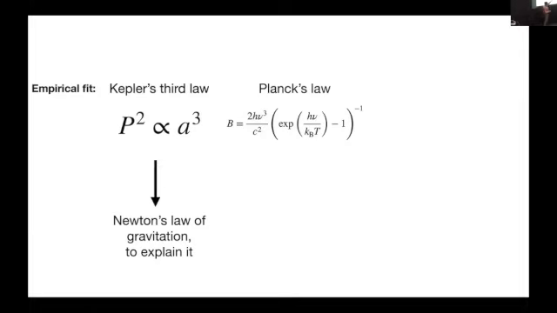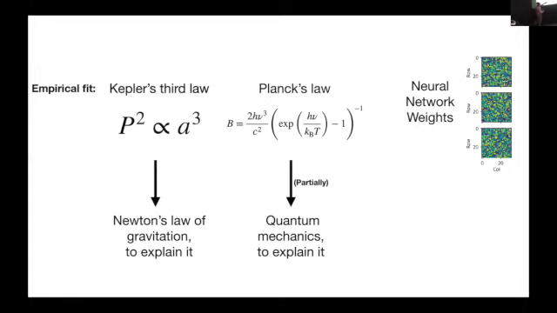Planck's law was another empirical equation that was mostly fit to data, and this would partially require quantum mechanics to explain it. But if I have knowledge wrapped up in a neural net, there's not much I can do with it. I can't use the representations learned by my network to drive theory development.